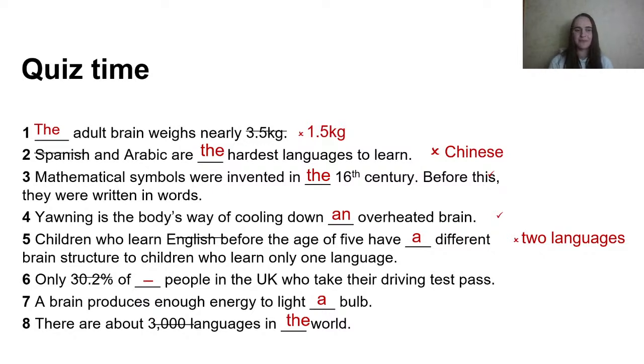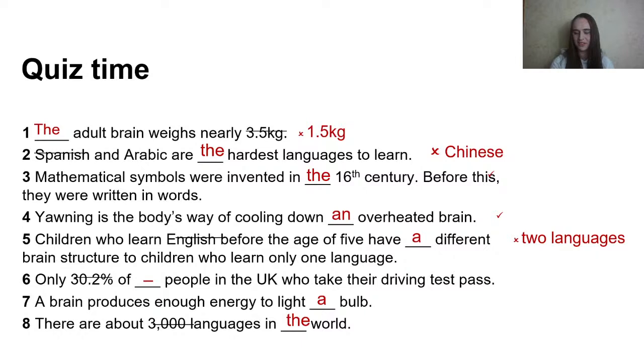Good. 6. Only 30.2% of people in the UK who take their driving test pass. What do you think? What is your prediction connected to the percentage? So, well, you may predict that information. I'm sure you're not interested in the people who pass their driving test in the UK, but you may predict.